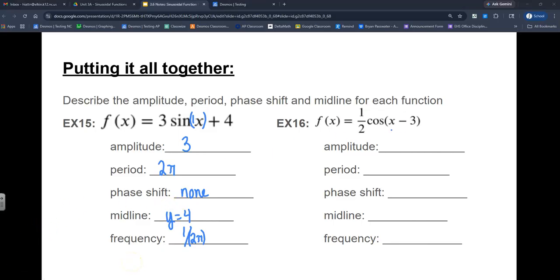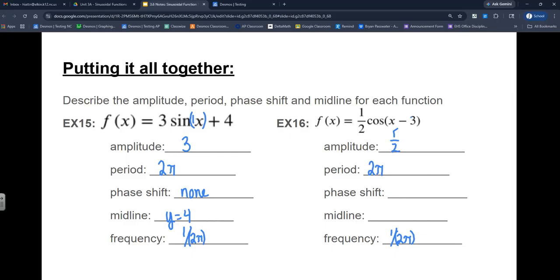If we look at 16, my amplitude here comes from this number out front, so the amplitude of this problem is going to be 1/2. The period, we don't have a number in front of this x right here. If we did, it would just be a 1. So the period is going to be 2 pi. That means frequency is 1 over 2 pi again here.